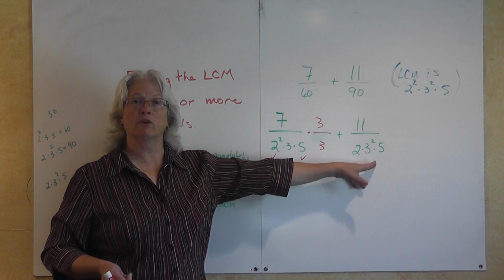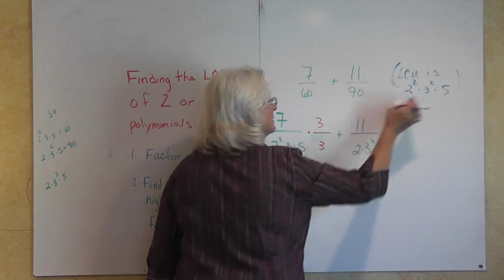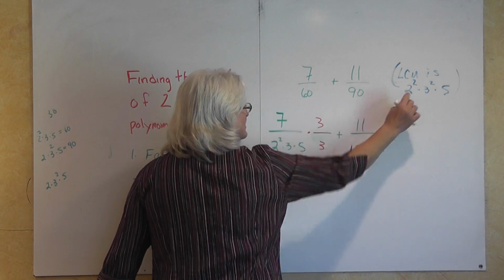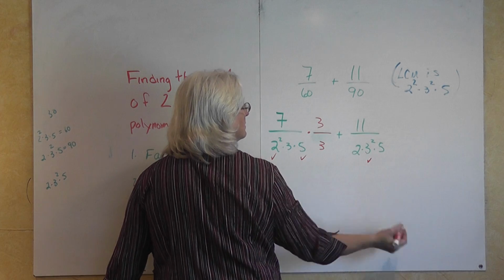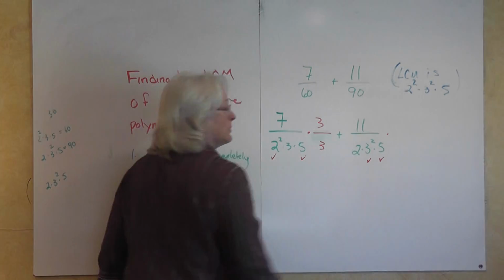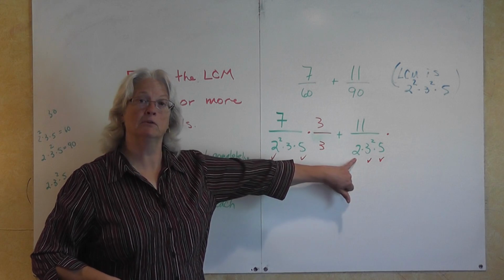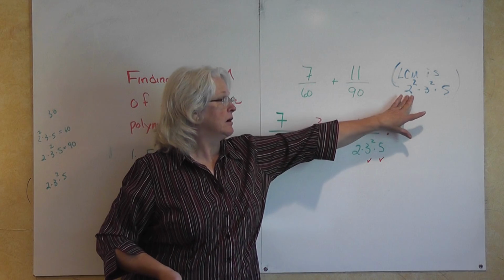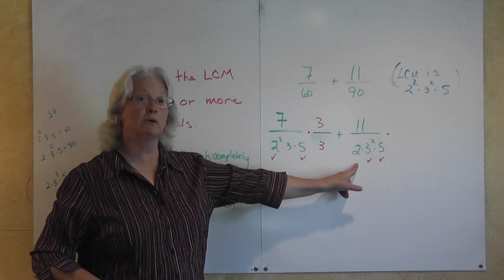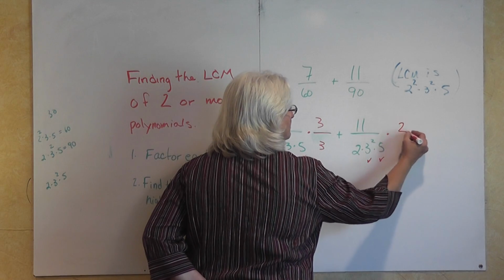Now let's look over here and see how our denominator compares to our least common multiple. Sure enough, 3 squared we have, 5 we have, but we have a problem with our factor of 2. Here we only have one factor of 2. In our least common multiple we have to have 2. So what is missing here? We're missing a factor of 2.